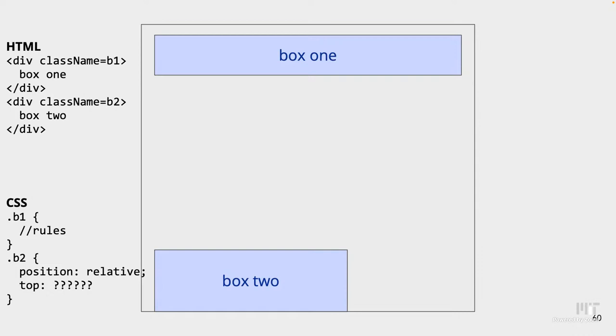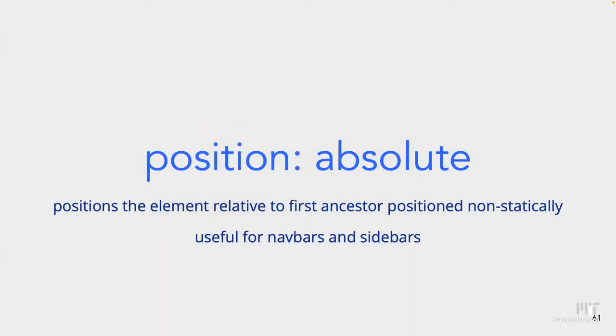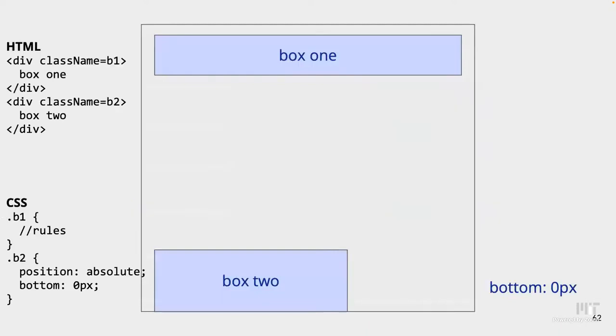It's not ideal. For this, we can use position absolute. This positions an element relative to an ancestor element, and it's useful for nav bars and sidebars. So like if box two here was some kind of footer, we can set its position to absolute and set its distance to the bottom edge to 0, and then it will just sit at the bottom of the page.